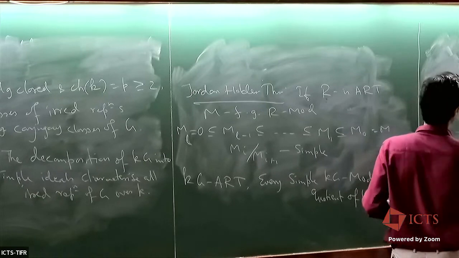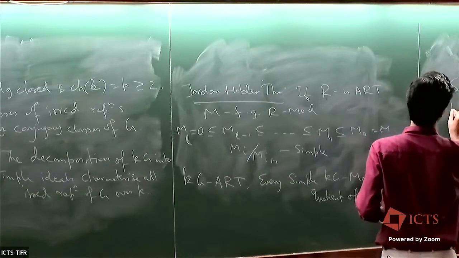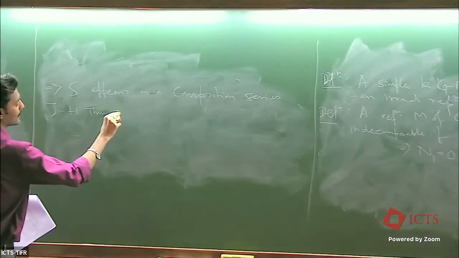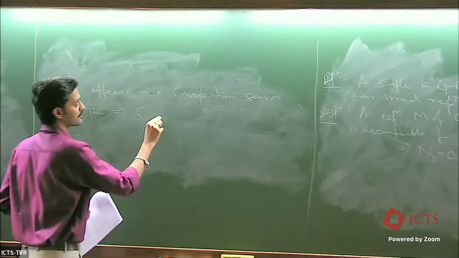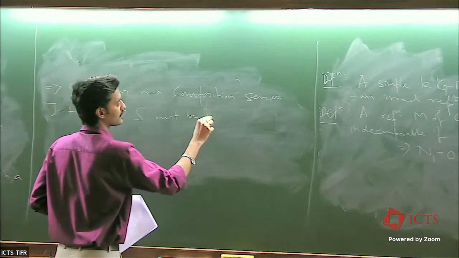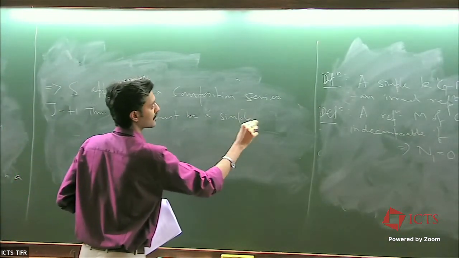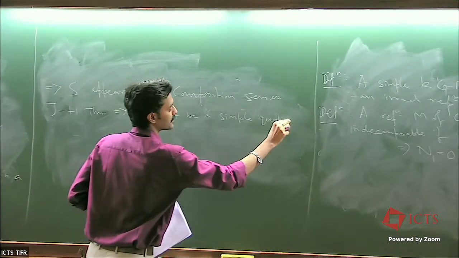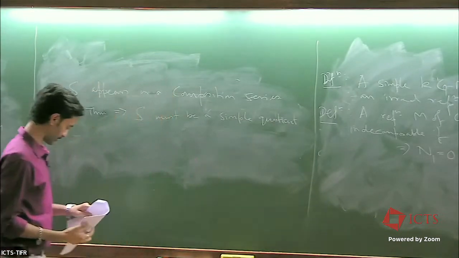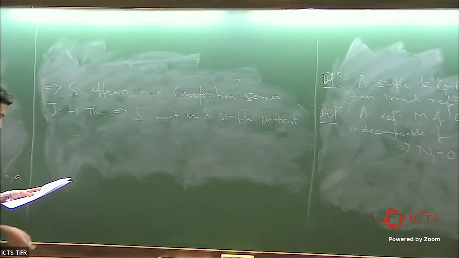Fine. And therefore, by Jordan-Holder theorem, this S must be a simple quotient. We know that there are finitely many of them.